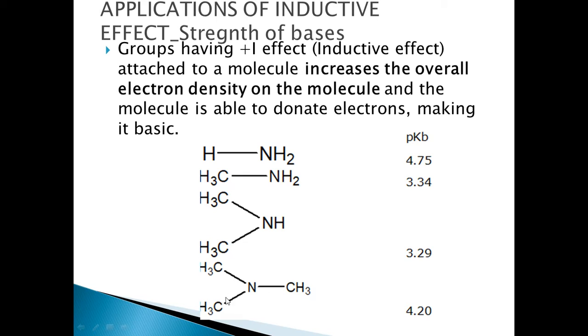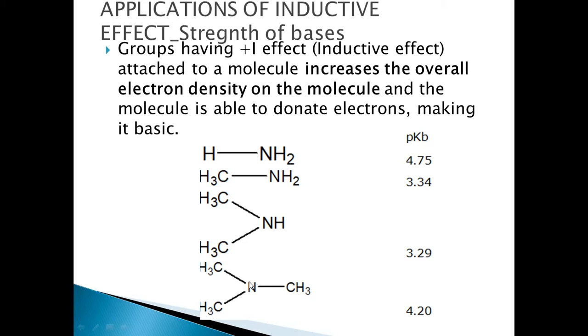This is as a result of what we call steric hindrance. Because steric hindrance is operating here, it overshadows the inductive effect. Thus, the basic strength decreases rapidly. We'll learn more about steric hindrance later in the course of our discussion.